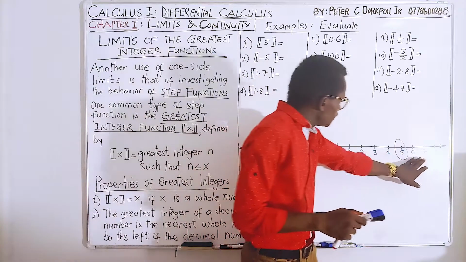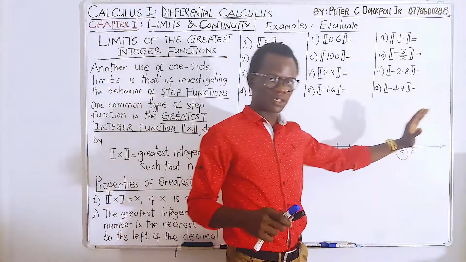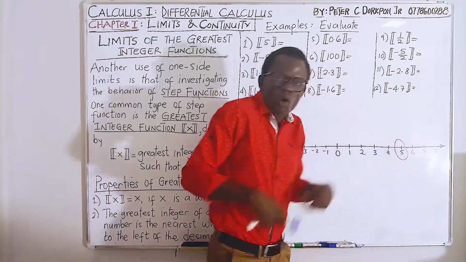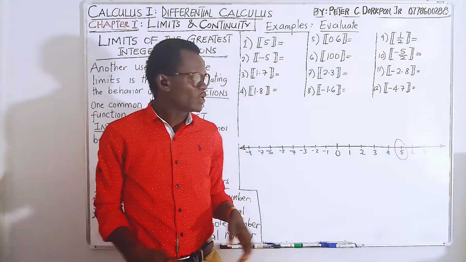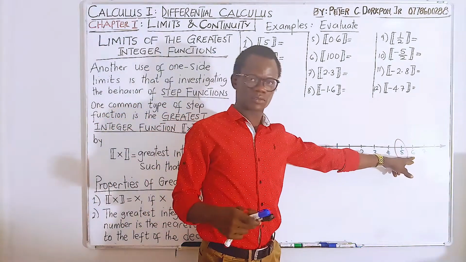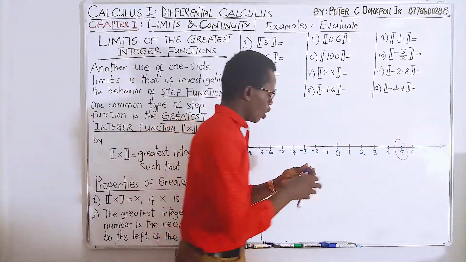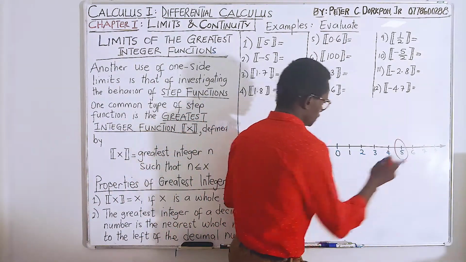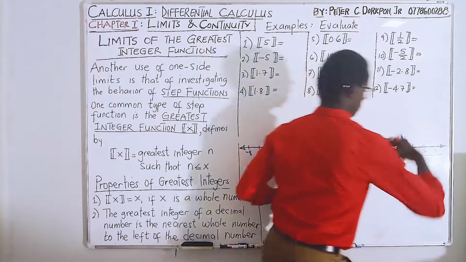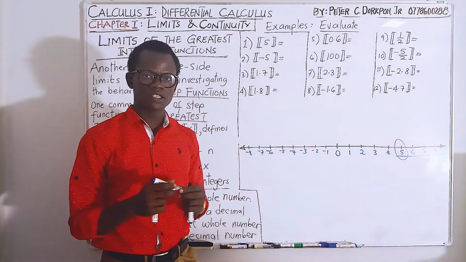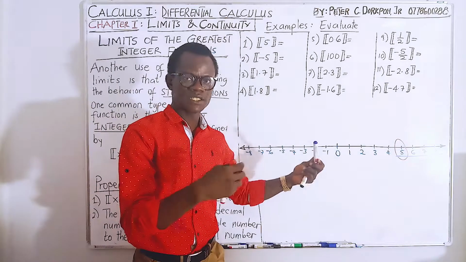Because 5 is also an integer, we cannot take 6. We take 5 itself. So all of these numbers from 5 all the way in the positive direction are greater integers.